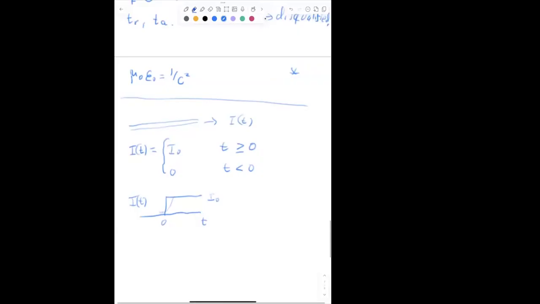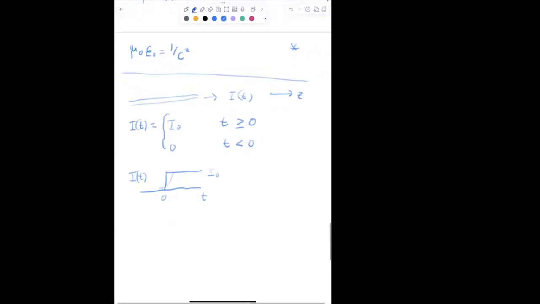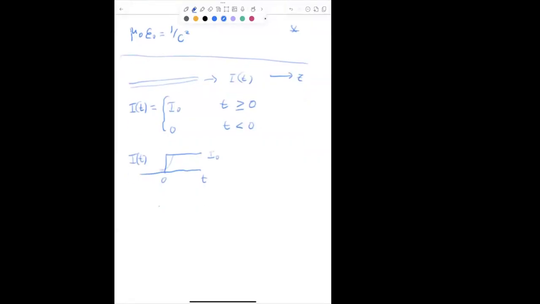Okay, so we are going to define the z direction in this direction. And now let us write the z direction like this. So the current is going up, I of t at times bigger than 0. So this is z. And now I'm going to say the obvious thing: which type of coordinates should we use?